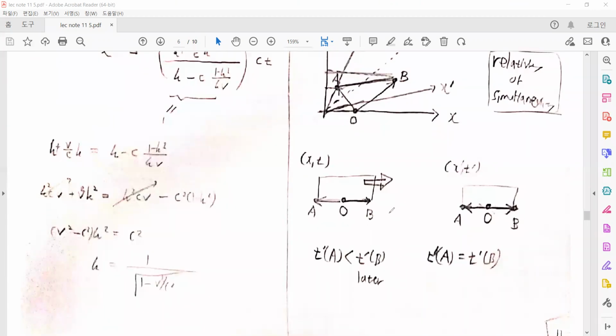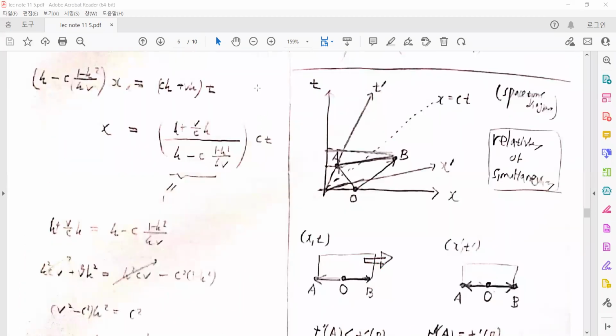For the last frame xt and the moving frame x prime t prime, in the moving frame, the light starts from the point O, and the light reaches the points A and B at the same distance, at the same time. But for the last frame observer, the light will reach A first, and after that B, so t_A and t_B are different. So they are not simultaneous.